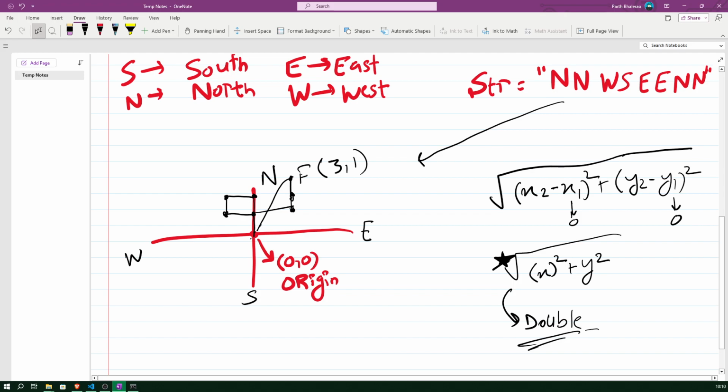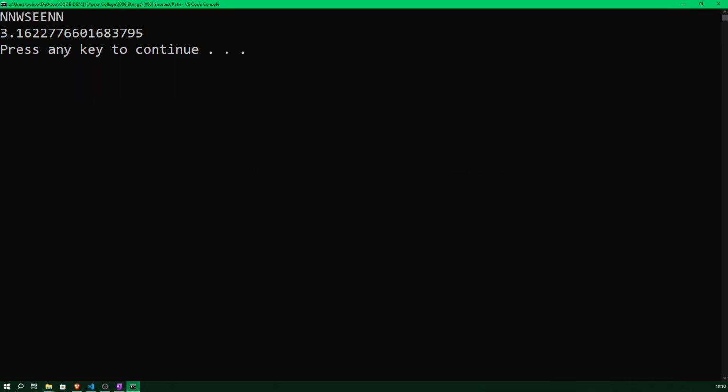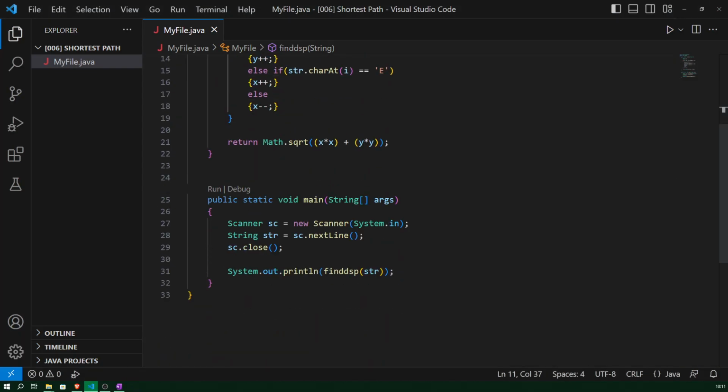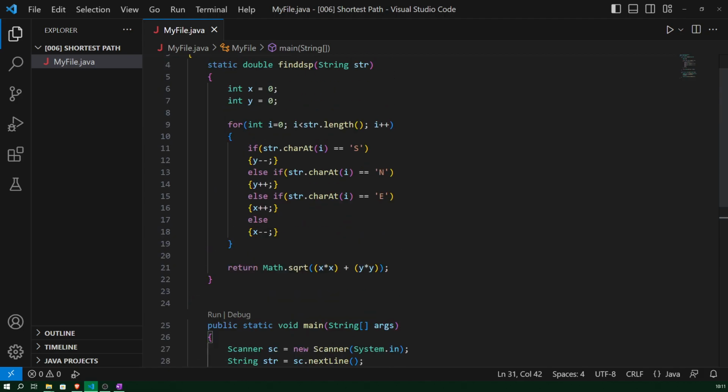So under root of 3 square plus 1 square, so 9 plus 1 is 10, and square root of 10 is something like 3.1622. So it is quite clear.